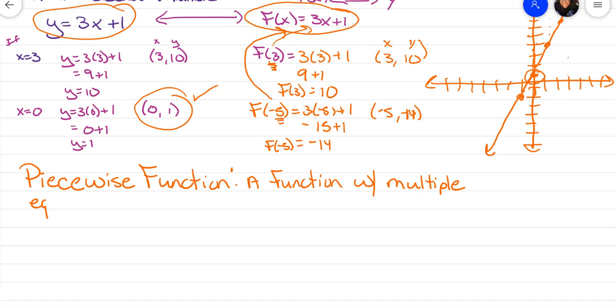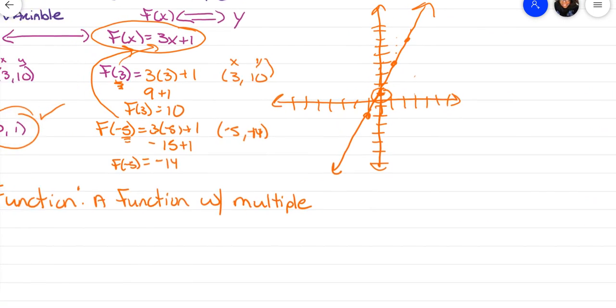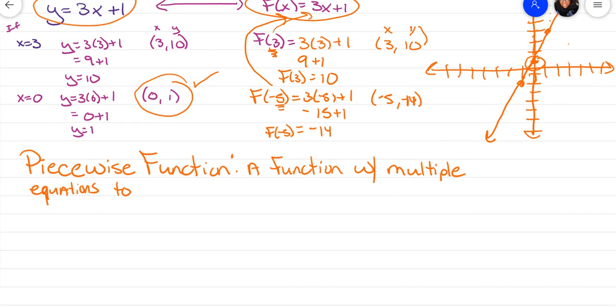A function with multiple equations to determine the value of f of x.